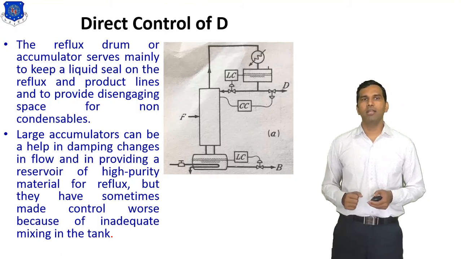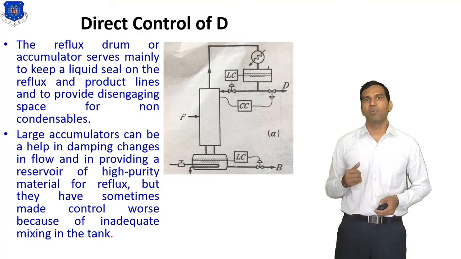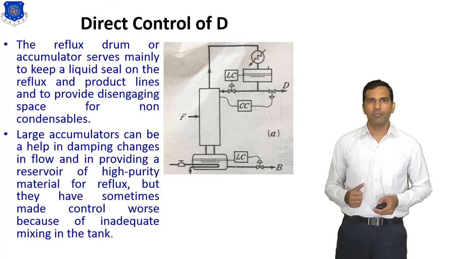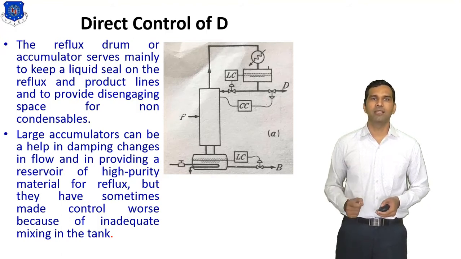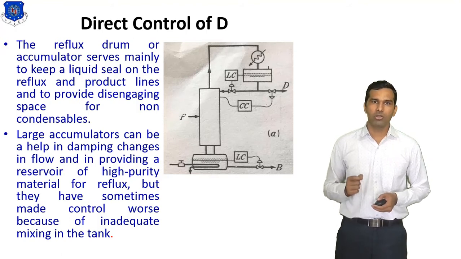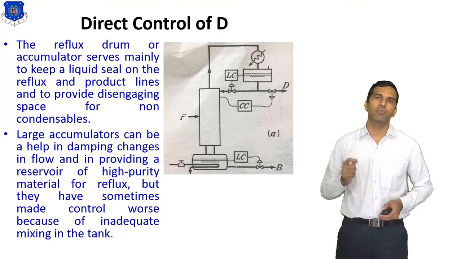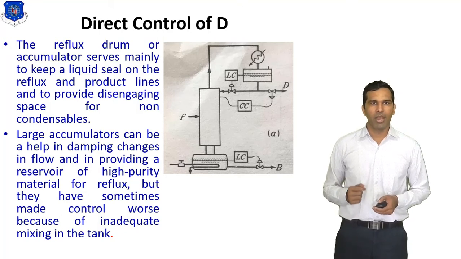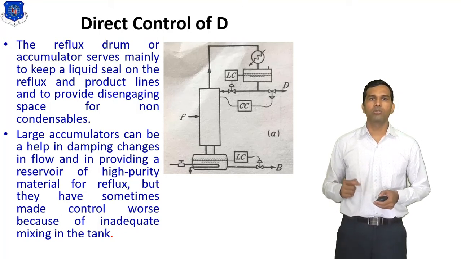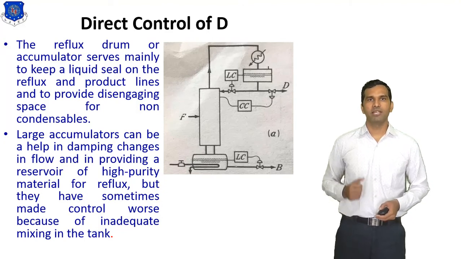So this is the advantage and the disadvantage of a large accumulator. The advantage is that it helps in damping changes in the flow and provides a reservoir of high purity material for reflux. The disadvantage is that it can sometimes make control worse because of inadequate mixing in the tank. So this is the direct control of distillate.